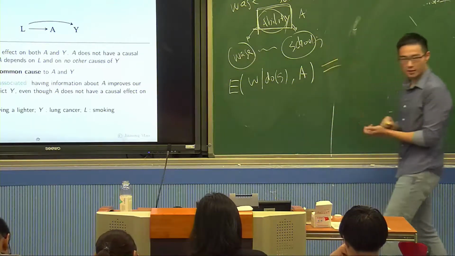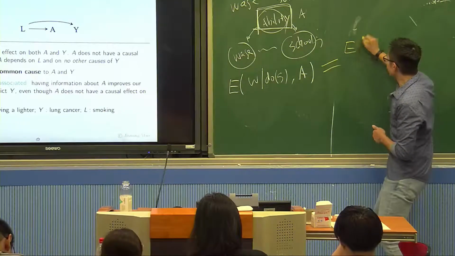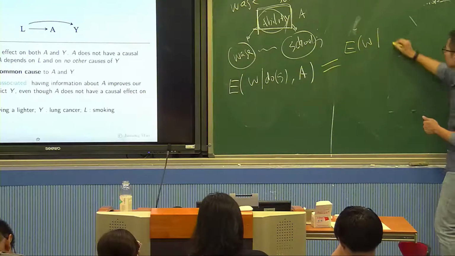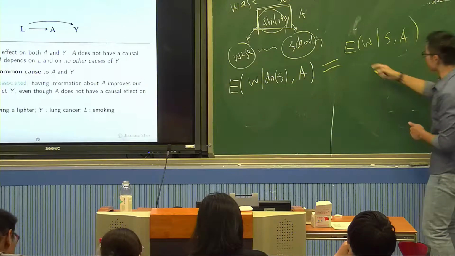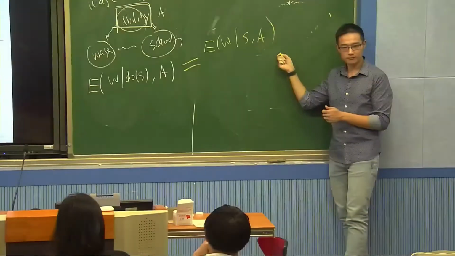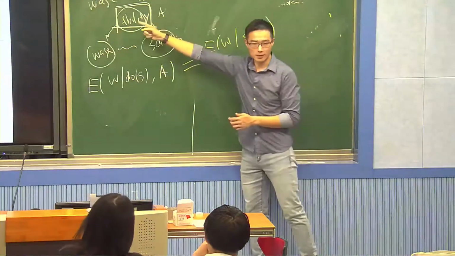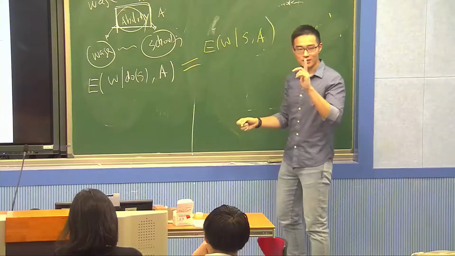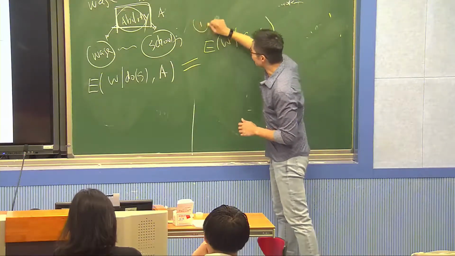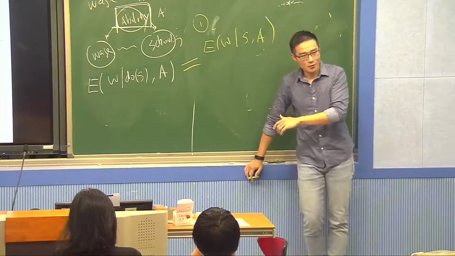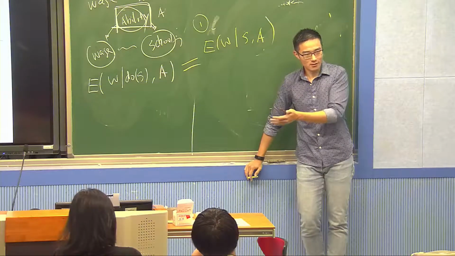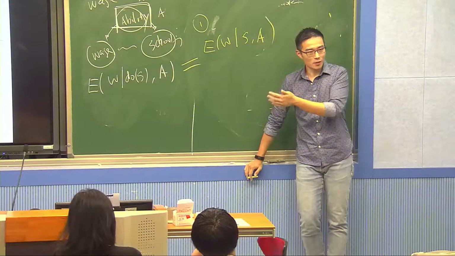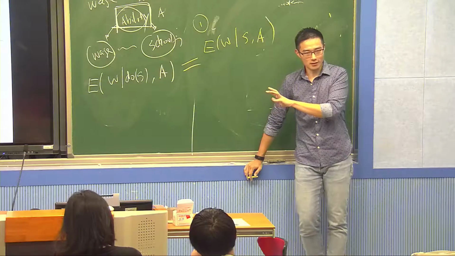This thing is equal to E[wage | S, A], because that is a statistical relationship between the two. They're equal once I condition on ability. But this is only the first step. This is the first step of our causal inference, which is purely causal reasoning. There's no statistical thing we're doing here. It's pure causal reasoning.